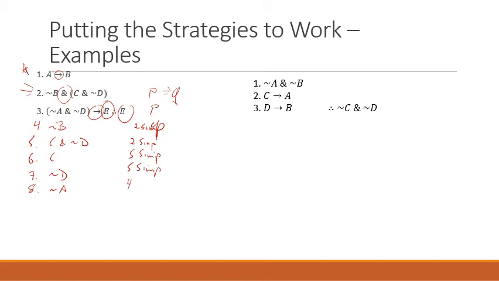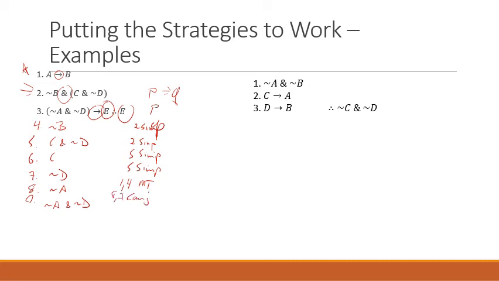That's not B. And so not B along with A arrow B, so lines 1 and 4, via the modus tollens rule, will get me not A.